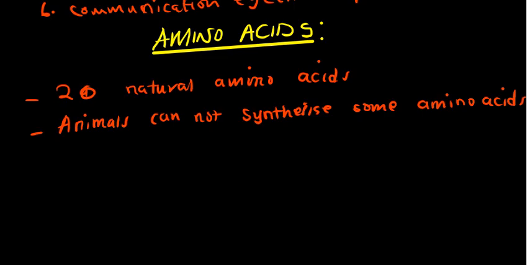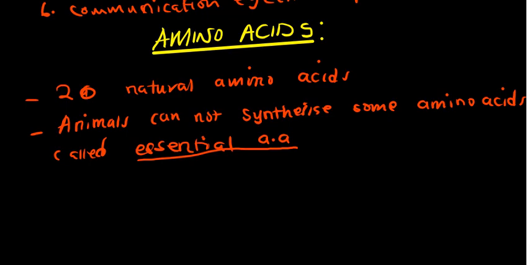And these amino acids are called essential amino acids. So this is for amino acid. Whenever you see AA, since I've already written in full here. So essential amino acids. But those amino acids that can be synthesized by animals, they are called non-essential amino acids.